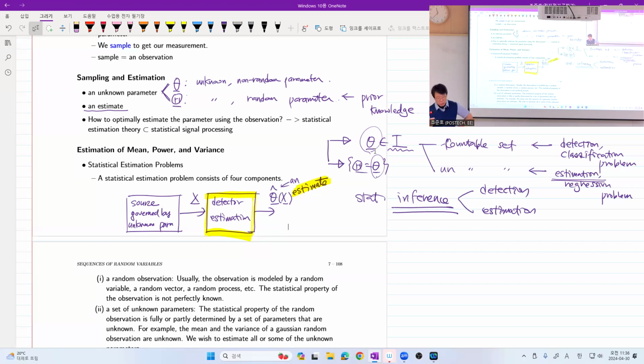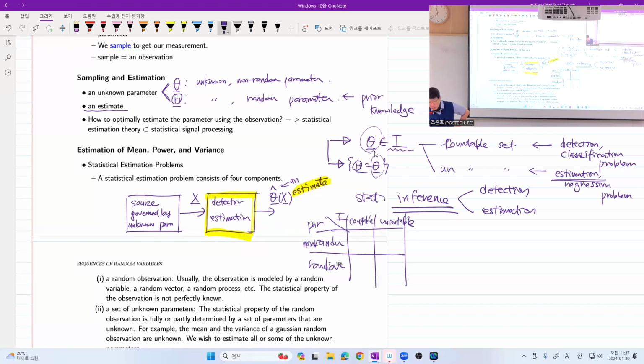So as I told you, there are four things. First, detection, and estimation; random and non-random parameters. So the parameter is non-random or random, and the index set is countable or uncountable.